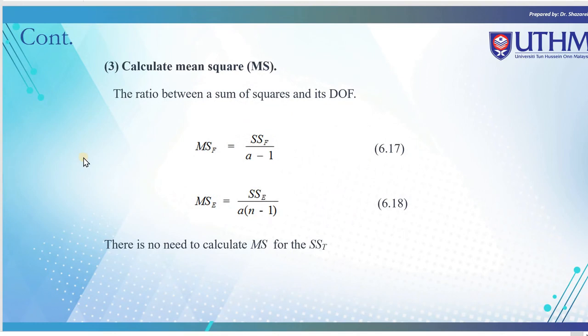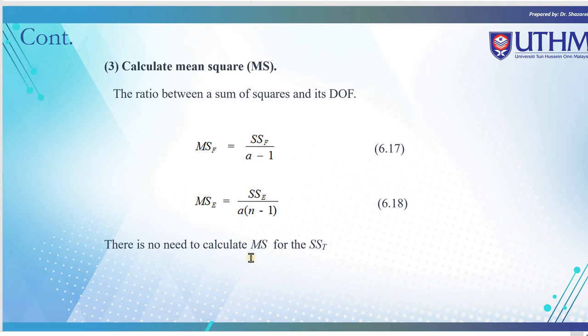Then from that we compute the mean square. The mean square for the factor is SSF divided by its degrees of freedom, and the mean square for error is the sum of squares error divided by its degrees of freedom. So we can compute the mean square using this formula for factor and error.